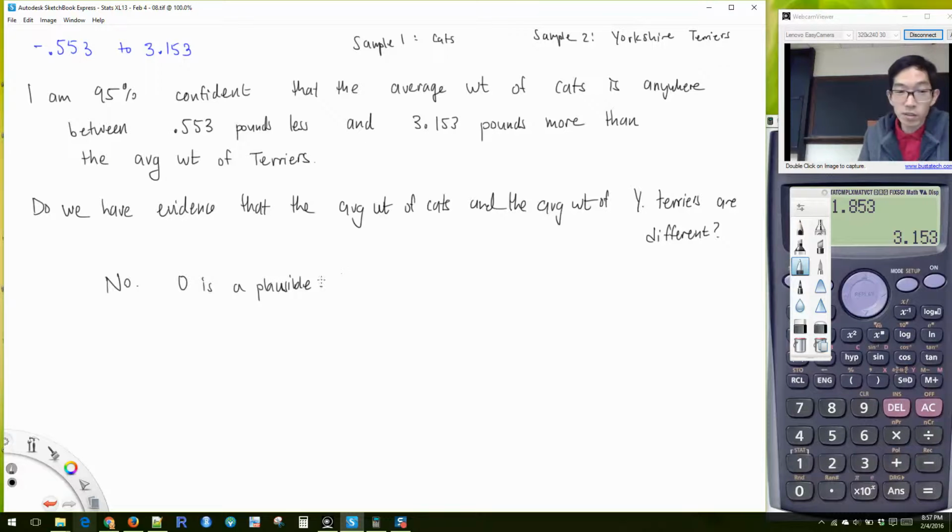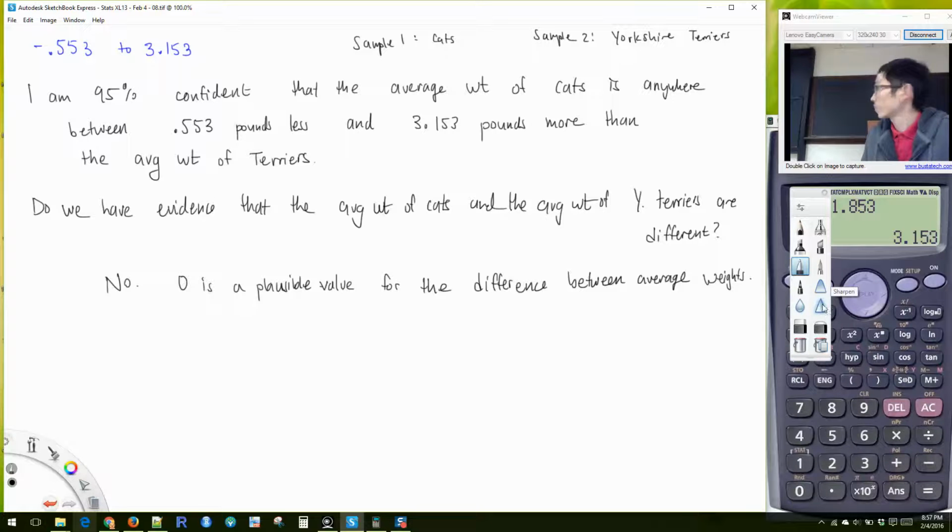So 0 is a plausible value for the difference between average weights. Is that okay?